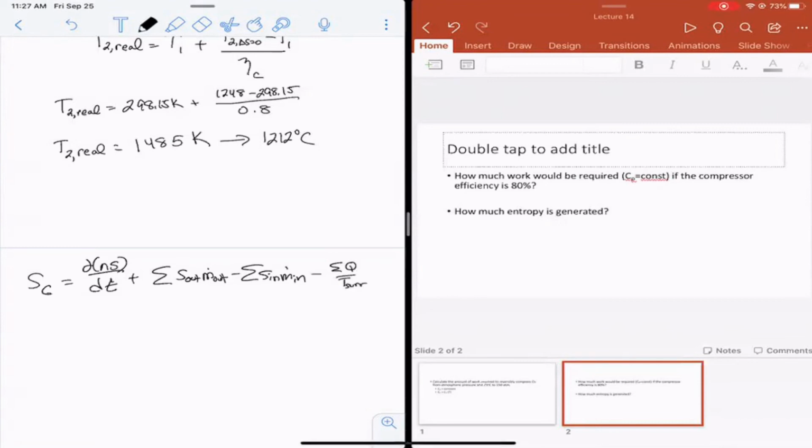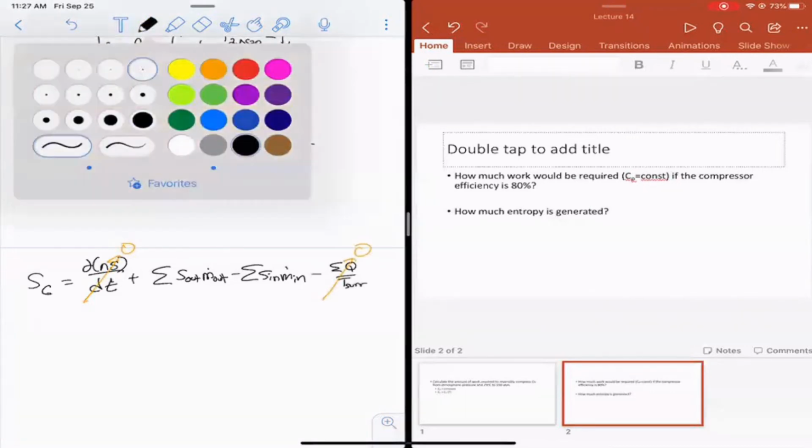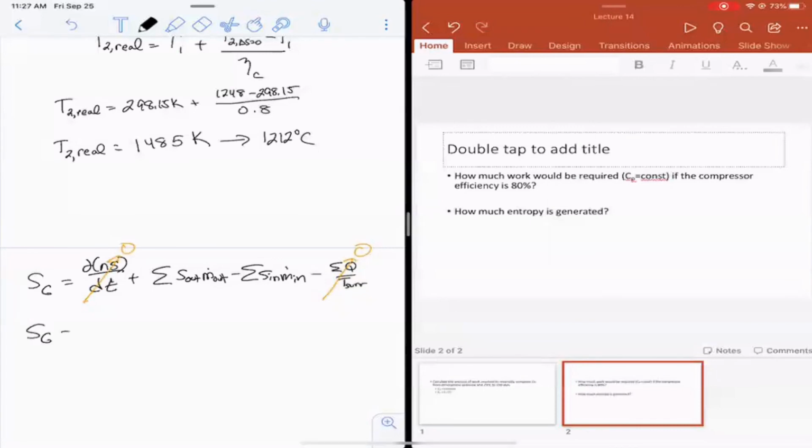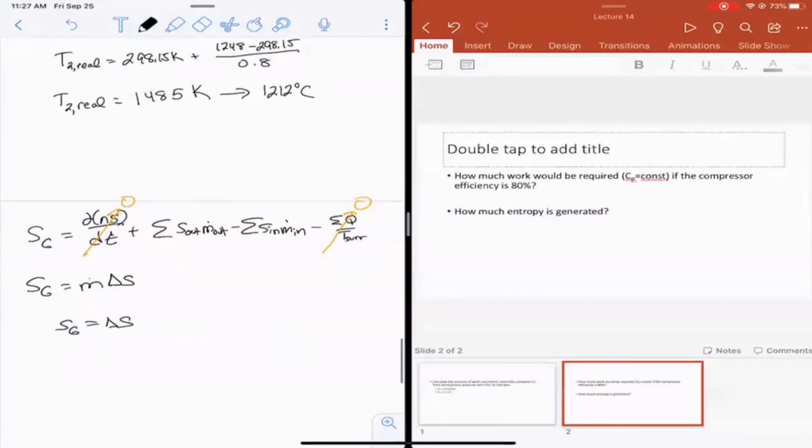Well, we already know in this problem that we're going to operate at steady state, and we also know that this is adiabatic. And that gives us very simply that the generated entropy just equals m dot delta S. Or in this particular case, we'll go for the intensive case, which is just that lowercase sg is equal to the change in the entropy.